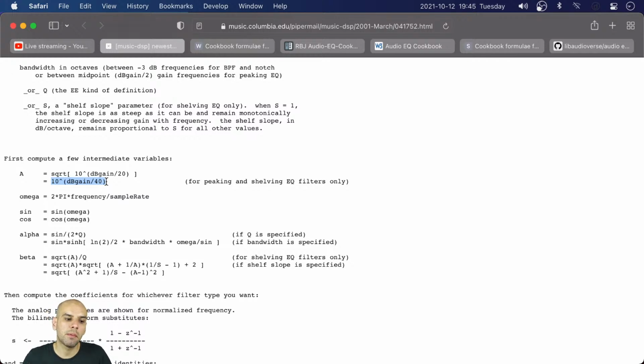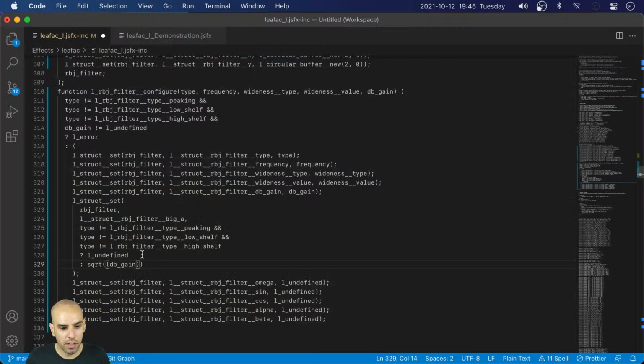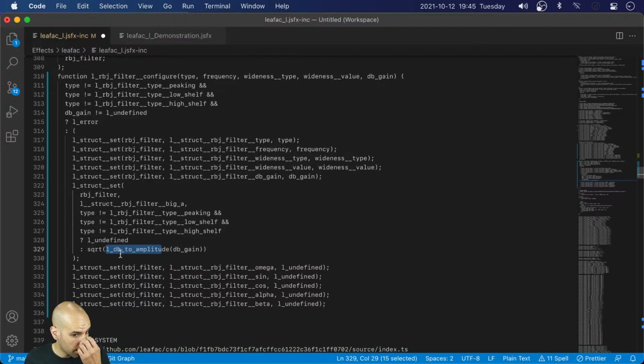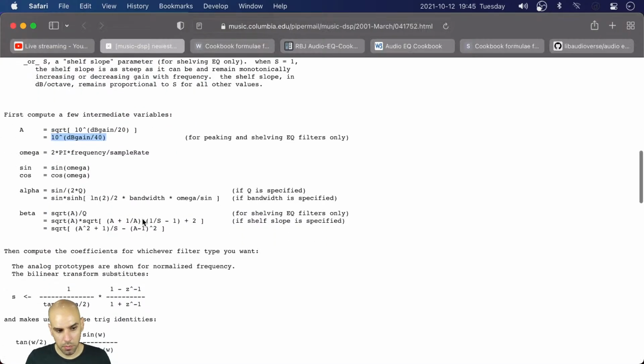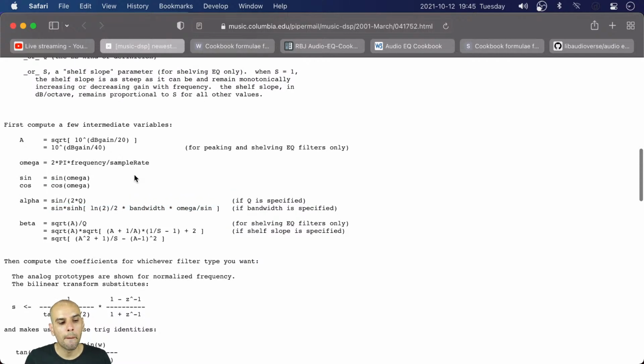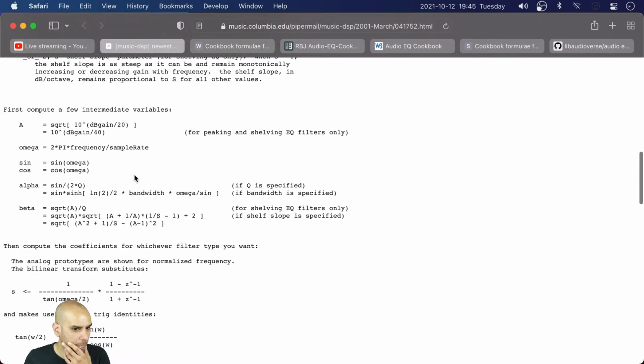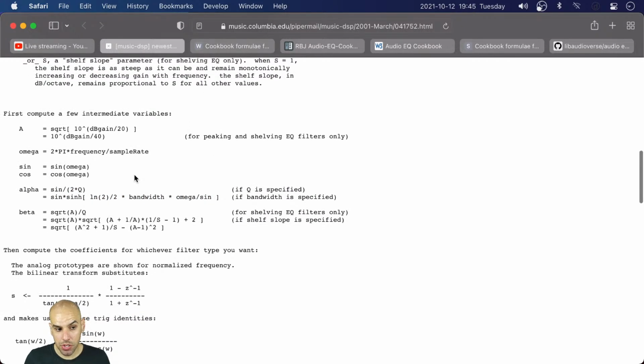Or I can take the more educational approach of having an auxiliary function that goes like dB to amplitude, and maybe it will be in the library. And then I'm teaching you, as you read this, what this formula is about. And of course, I will not be able to do that throughout because I don't really understand everything that's going on here. But I can teach you that much.